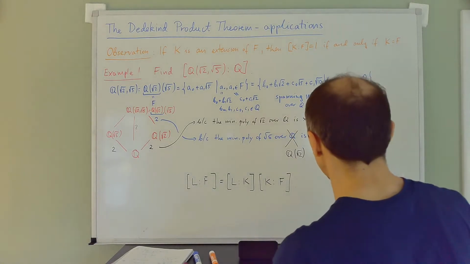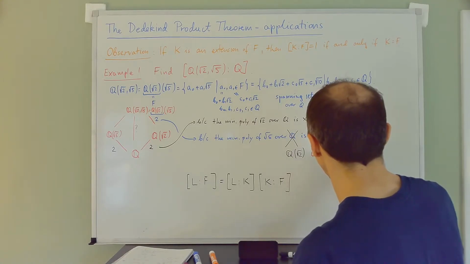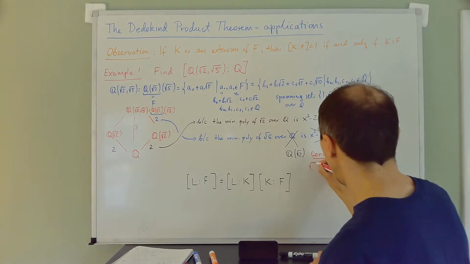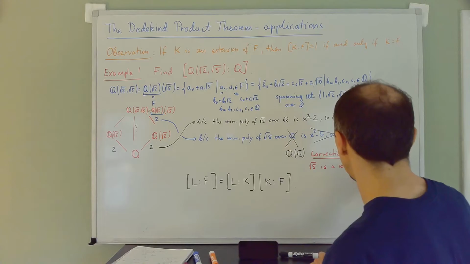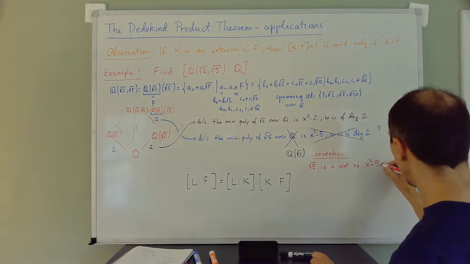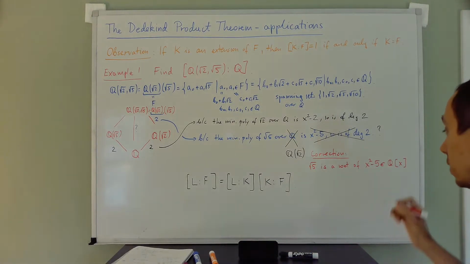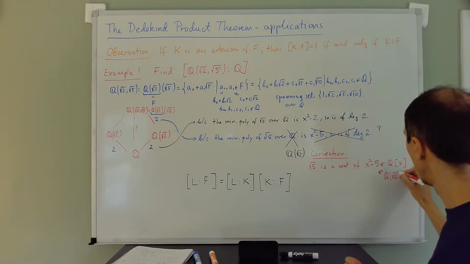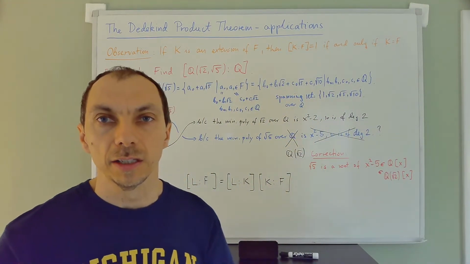I don't know what the minimal polynomial is. So, correction to this. Radical 5 is a root of x squared minus 5, and this polynomial, yes, has coefficients in Q, but it also has coefficients in Q adjoin radical 2. Why is that the case?